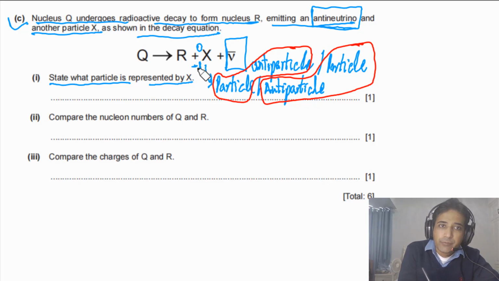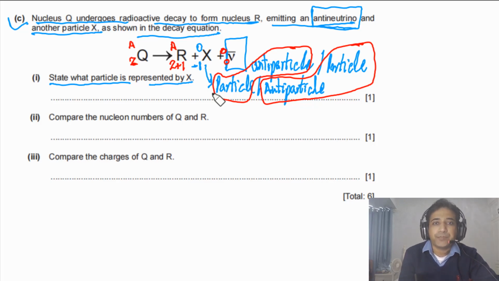Now in this case, if this is -1, let's say the atomic number of this one is Z, meaning it has Z protons, and the mass number is A. So this one should have Z plus 1 and this one should have A. We can also write 0 here. Neutrinos have no charge and also no mass number.